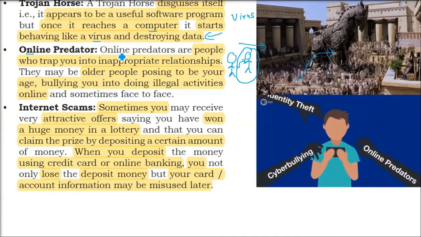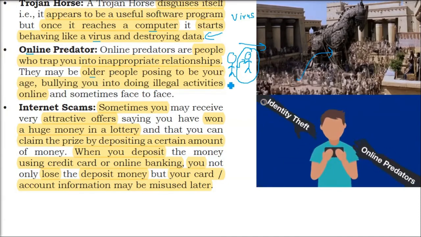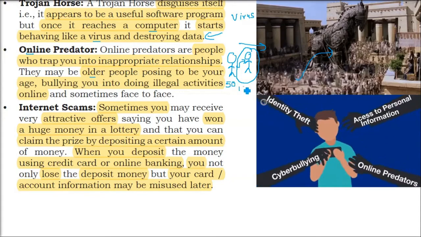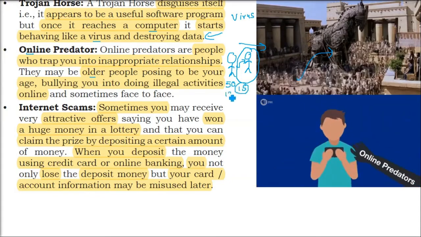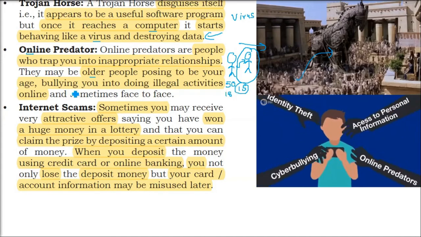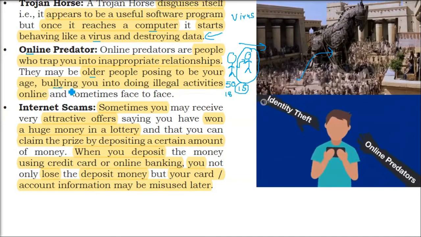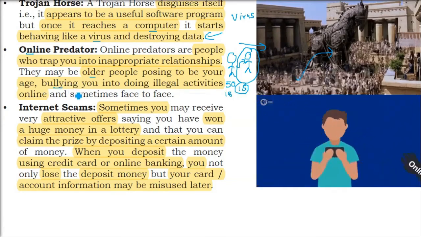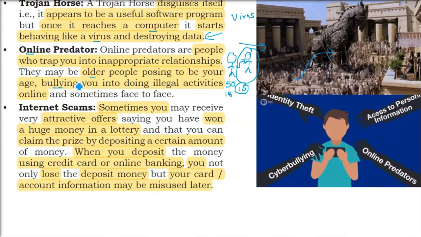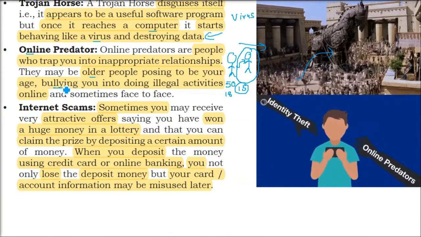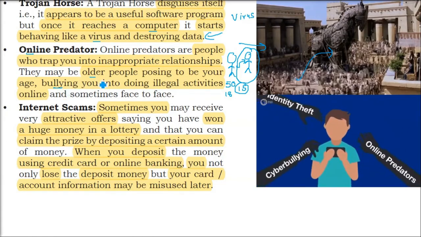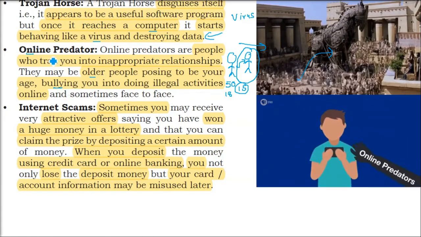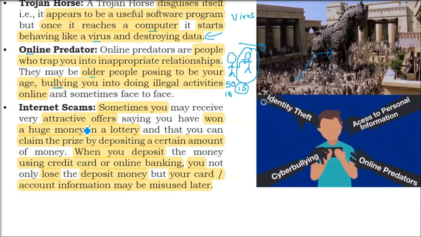Their main intention is to hurt you. For example, a 50 or 45-year-old man posing that I am 15 or 18 years old and talking to a girl. Then after that, you will face bullying. And there are so many illegal activities online that can be a result of bullying. Online predators all fall in this category.